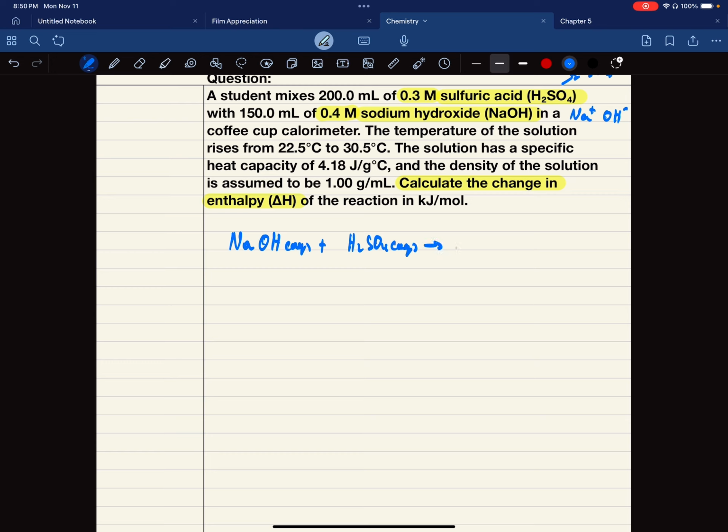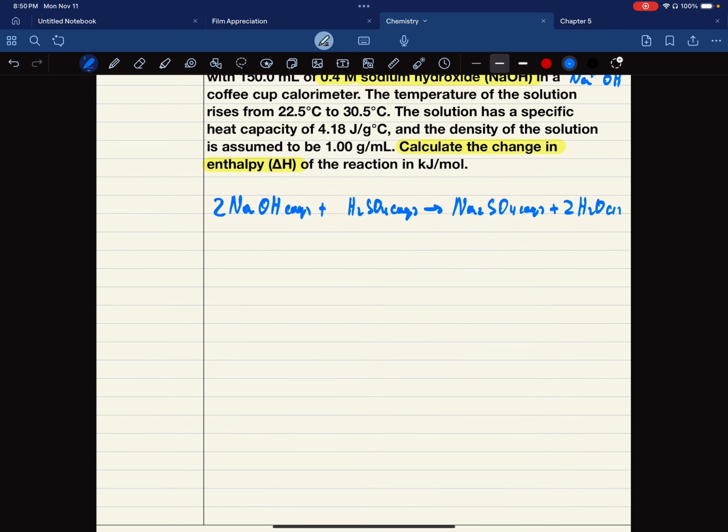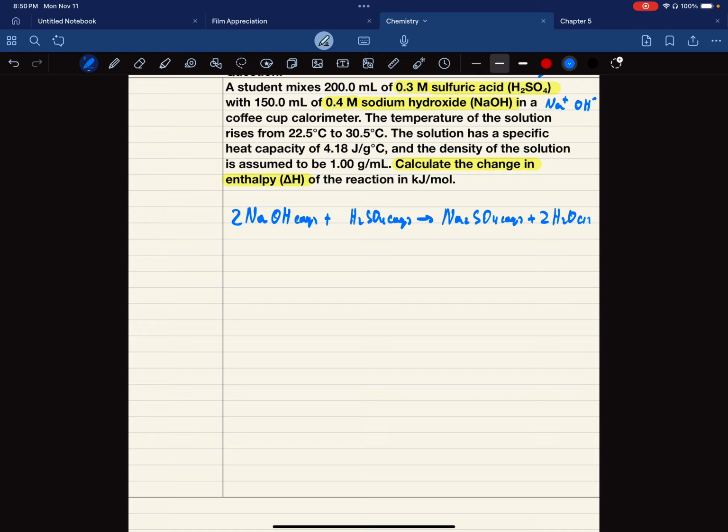Aqueous, it gives us Na2SO4 aqueous plus H2O liquid. Just balancing it out, making sure it's balanced, so it's going to be 2 H2O and 2 NaOH. So this is our balanced equation that we can use.